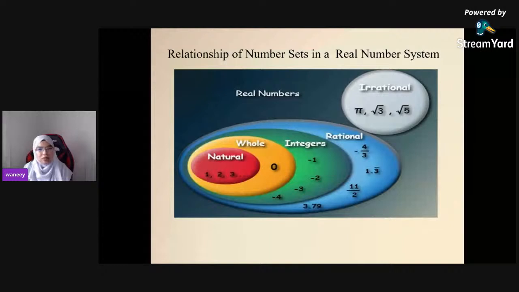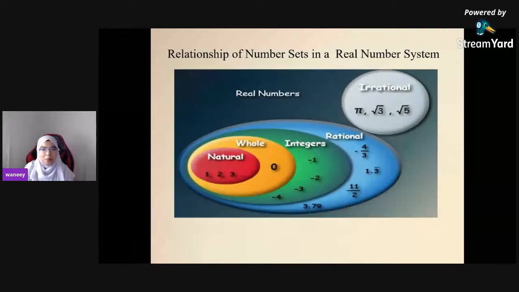If we add 0, it will become a bigger set, which is the whole number. And then if you add the negative of the natural, it will be a bigger set called the integer. And if you add some of the fraction, you can get a larger set, which is rational numbers. And as you can see, rational and irrational, they don't mix. So don't mix them up.